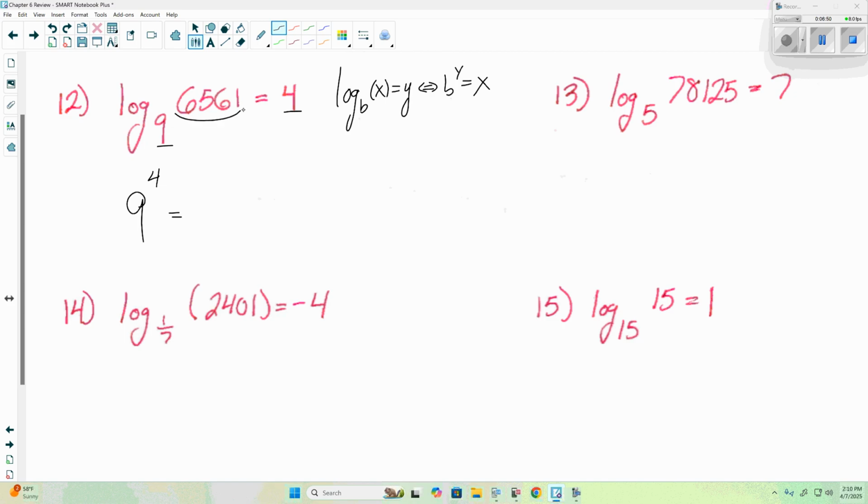Well, x is 6,561. That's it. The nice part with these is you can type 9 to the 4th on the calculator, and it will tell you it is indeed 6,561. Questions on 12?